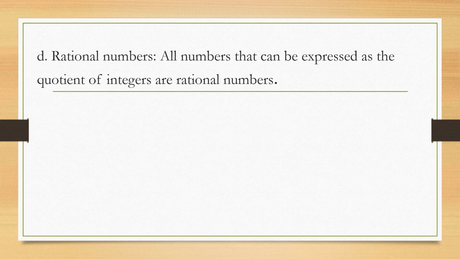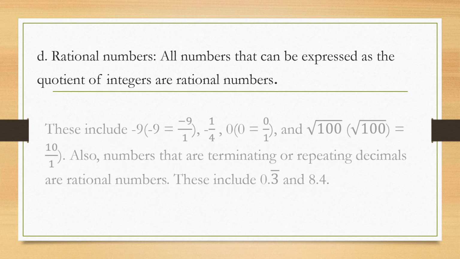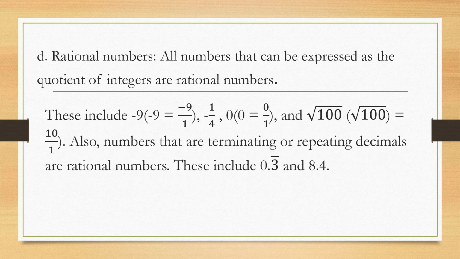Letter D, rational numbers. All numbers that can be expressed as the quotient of integers are rational numbers. This includes negative 9, because negative 9 is equal to negative 9 over 1.